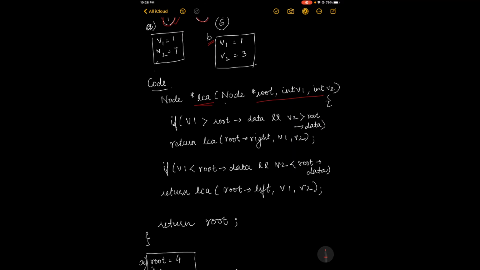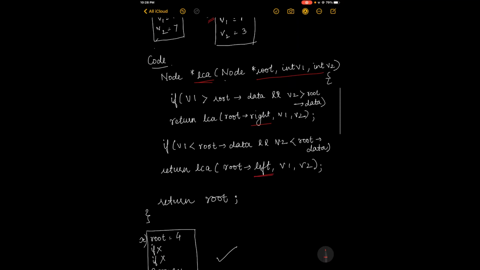So if both are greater, then obviously we move to the right, and if both are lesser, then we will move to the left. Now this here means that neither this condition nor this condition is satisfied. That will happen only when V1 is greater than root data and V2 is lesser than root data, or vice versa. That is, both of them are not satisfying the lesser or greater condition.